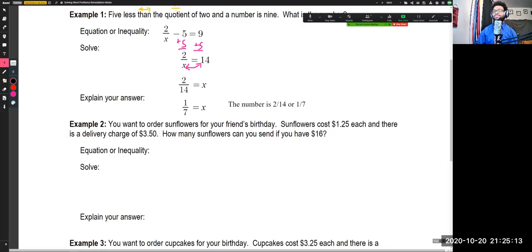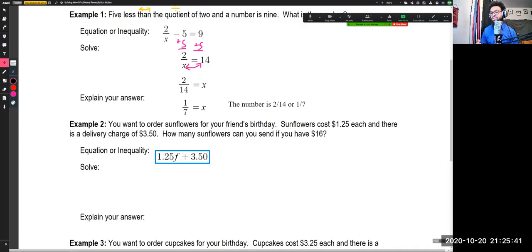And now our next step, which is the hard part, is to set it up. So we know what our variable is. Our variable is F, and it represents sunflowers. And we are given the cost of sunflowers. So sunflowers cost $1.25 each per sunflower. So 1.25 times F. And then we also have an additional charge of $3.50 for delivery charge.